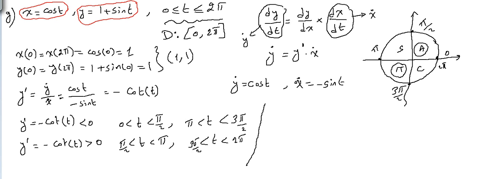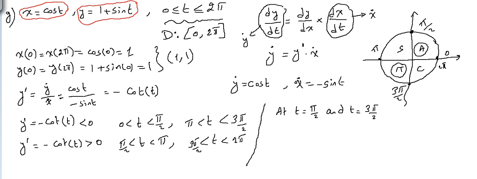The derivative at t equals pi over 2 and at t equals 3 pi over 2, what happens, right? The derivative, which is cotangent pi over 2, is 0, right?